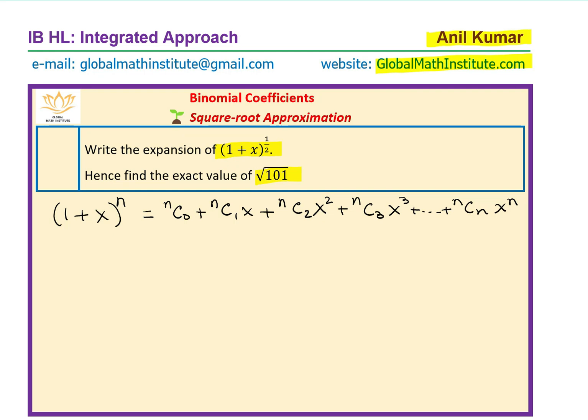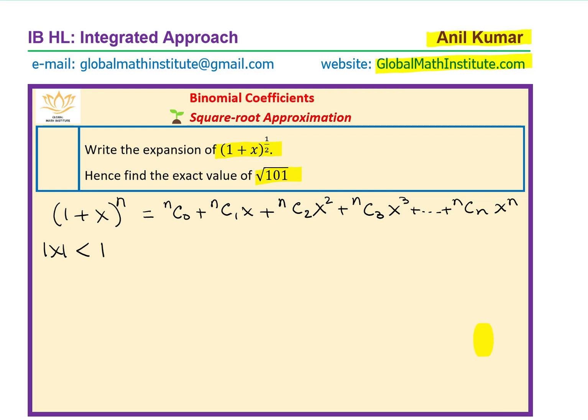Now this theorem is valid for rational exponents provided the absolute value of x is less than 1. That is to say that the series is converging. So we could have 1 minus x or 1 plus x.